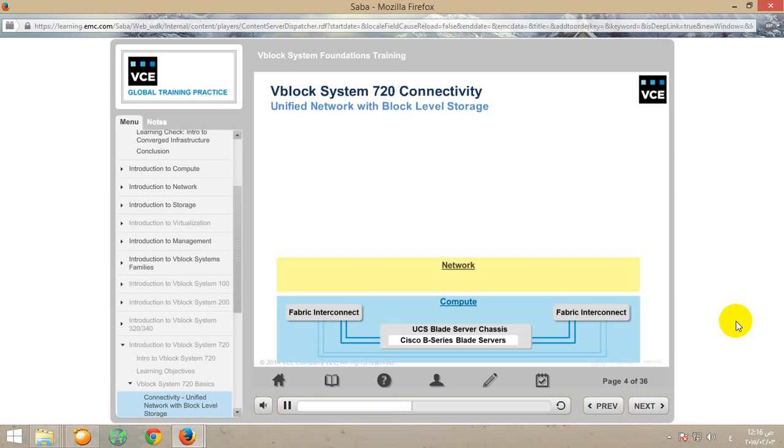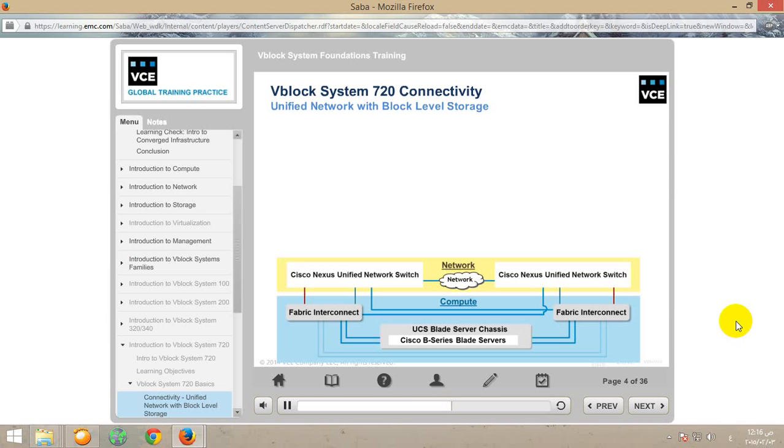For networking switches, the unified configuration uses a Cisco Nexus switch for both LAN and SAN networking, and it offers a higher capacity switch than those offered in other vBlock systems. This higher capacity switch can provide greater network throughput and accommodate both the higher capacity compute and storage found in the vBlock System 720 models.